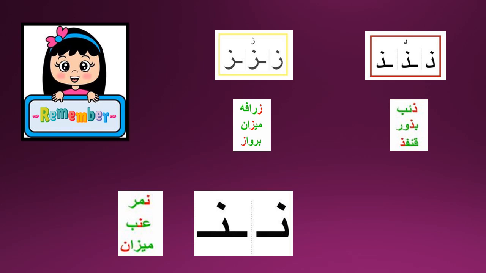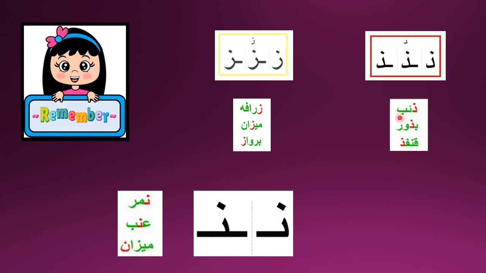So, Zal and Za both have the same half shapes, the initial, the middle, and the end. There is no specific different shape. Their initial, middle, and end shapes are the same.